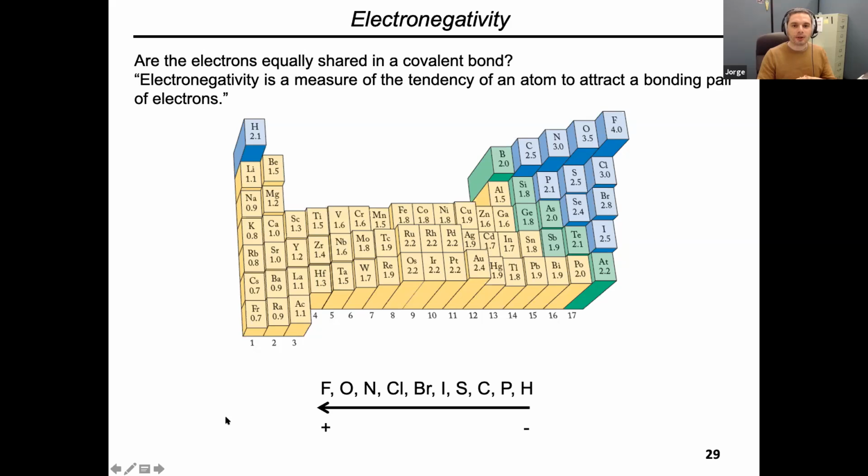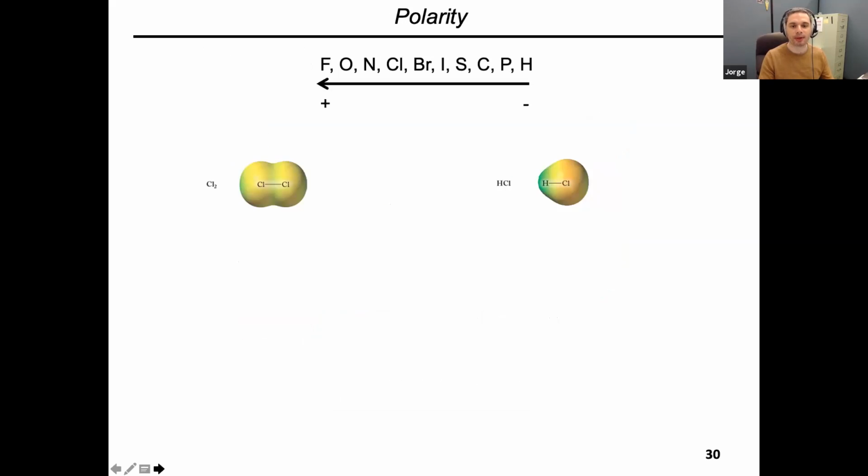Okay, so now let's correlate electronegativity with something called polarity. I want to first analyze the polarity of covalent bonds, and then we will expand that towards the whole compound.